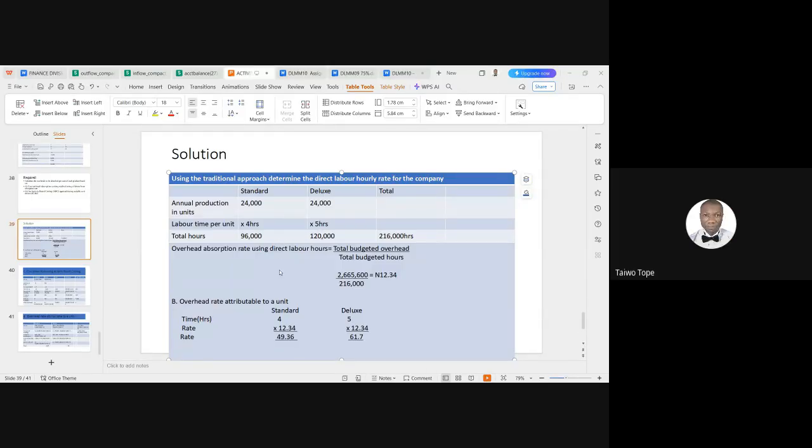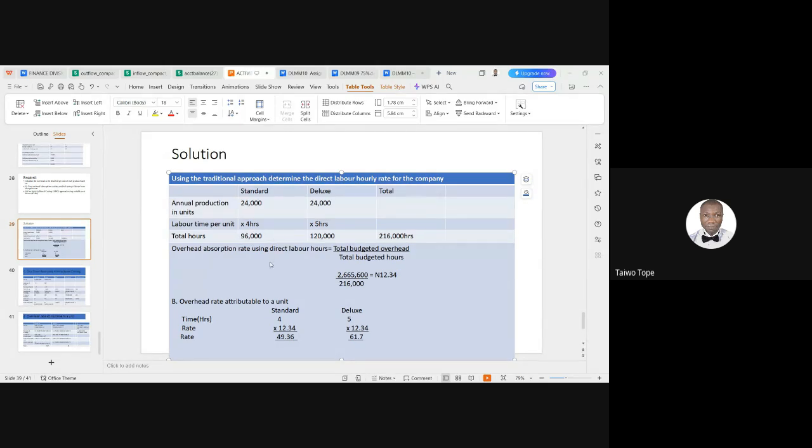So this solution is telling you that the rate for 1 hour is 12 naira, 34 kobo. So based on standard, how much will you pay if you are using 4 hours? It will be 4 times 12.34, and that is the rate you incur to produce 1 unit of standard: 49.36. And for deluxe, you use how many hours?